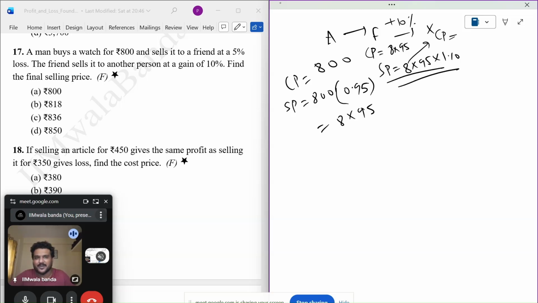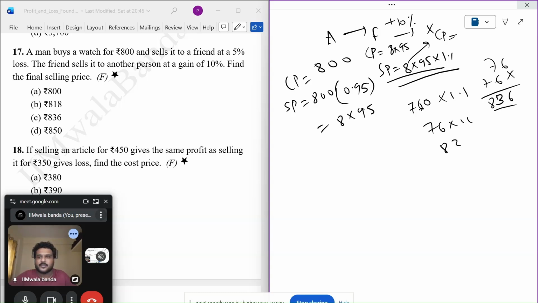It was never sold after this, right? This was the final selling price. Now the answer part: 8 5s are 40, 8 8s are 64, 72, 76 into 1.1, and this is basically 76 into 11, 76 into 11, 12, 14, 8, 836.